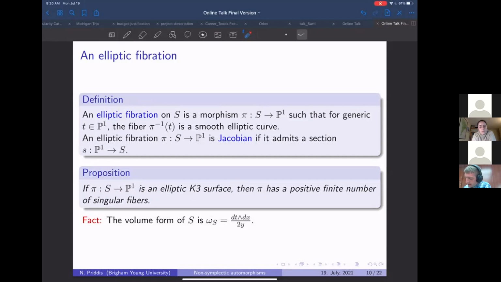And then I just threw this fact on so you can think about why these are purely non-symplectic. When I describe a non-symplectic automorphism, if you're bored, you can check that it actually is purely non-symplectic by this volume form. It shouldn't preserve the volume. It should have the overall effect of multiplying this volume form by a primitive 16th root of unity.